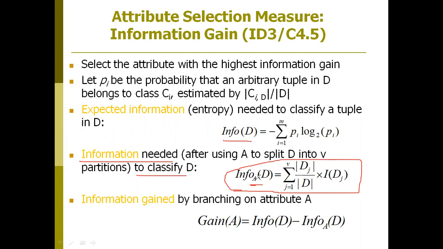That is, sigma j equal to 1 to v of the correspondence |Dj| by |D| into I, in the sense entropy, of Dj.